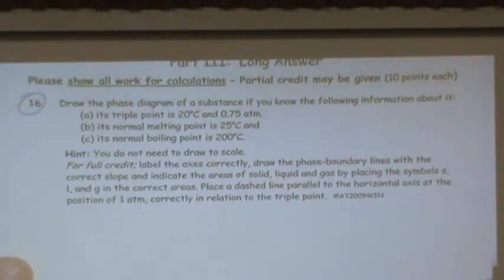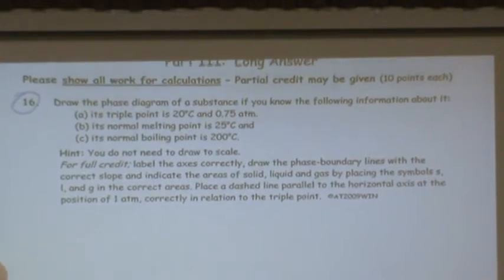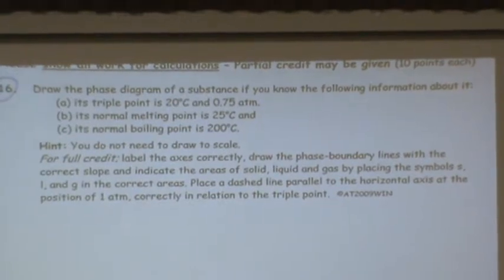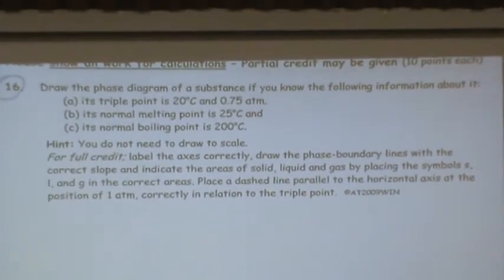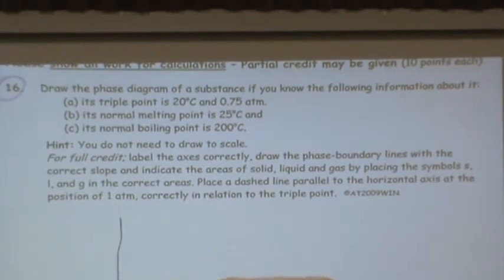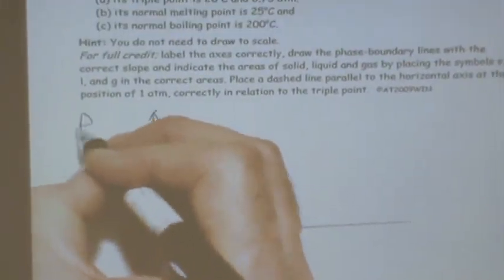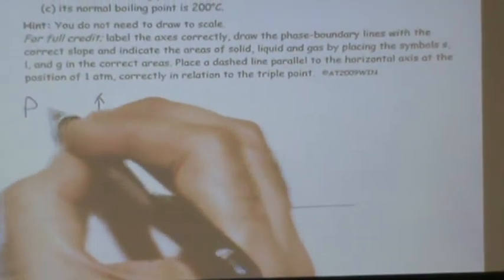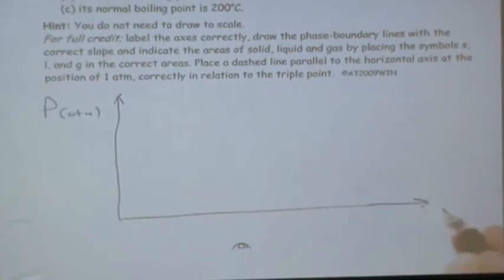So let's do this. Number 16. Okay, we need to draw the phase diagram. So, what's the phase diagram? We have two axes, right? One stands for pressure, and the other, let's put atmospheres, and the other stands for temperature.